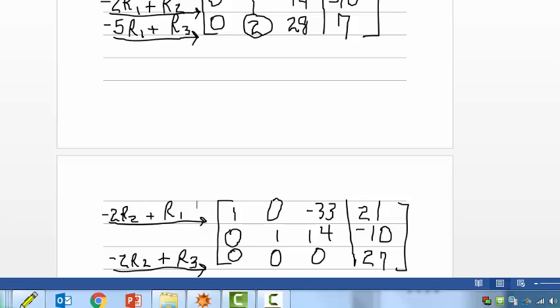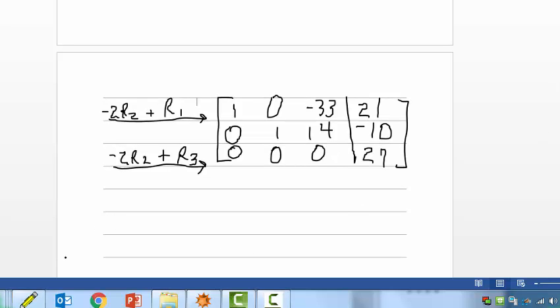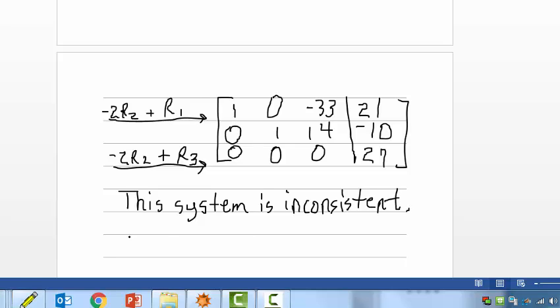And the point of this is, as soon as you get all zeros left of the vertical dividing line and a non-zero in that same row right of the dividing line, you stop working, no need to continue, and conclude that the system is inconsistent, and the solution set is the empty set.